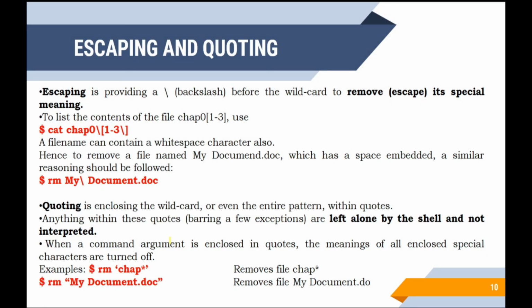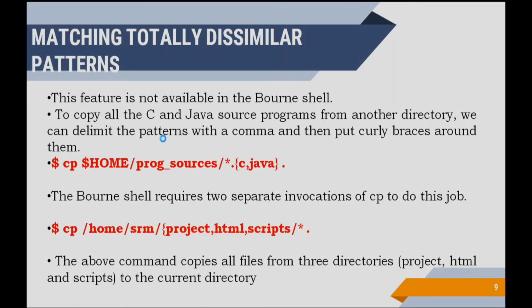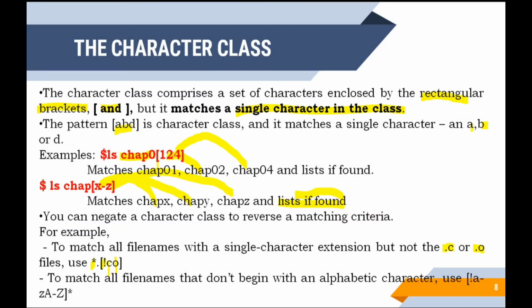Then next is escaping and quoting. Escaping is where we use the backslash metacharacter, which will be used to remove its special meaning. For example, in the previous case we have seen the square bracket is used for specifying the character set or the range.